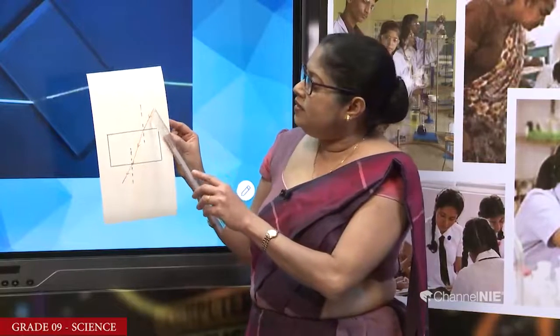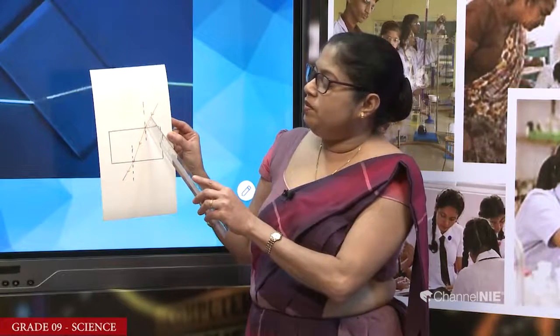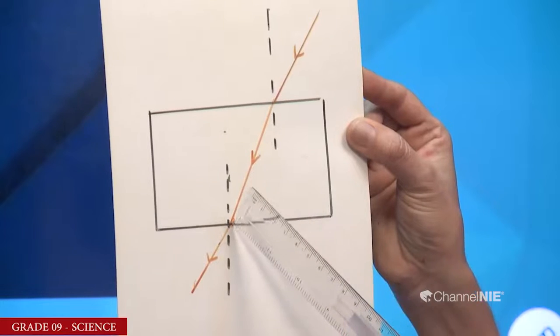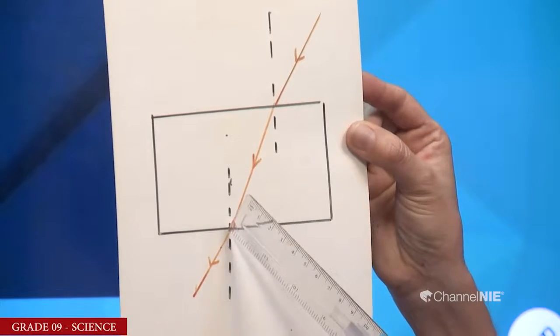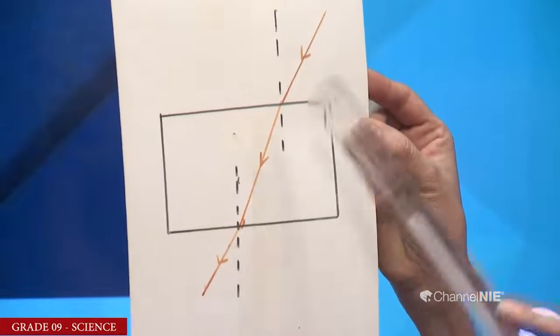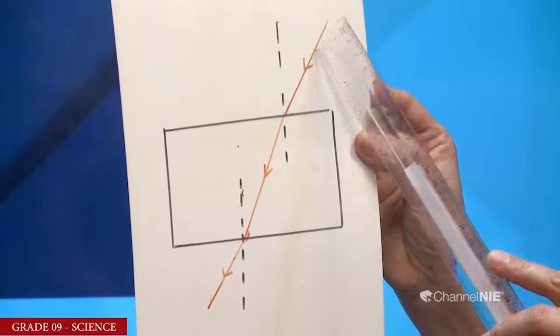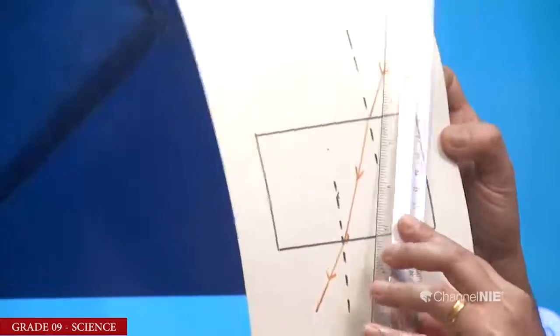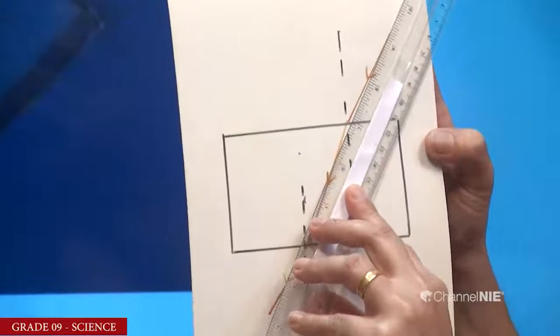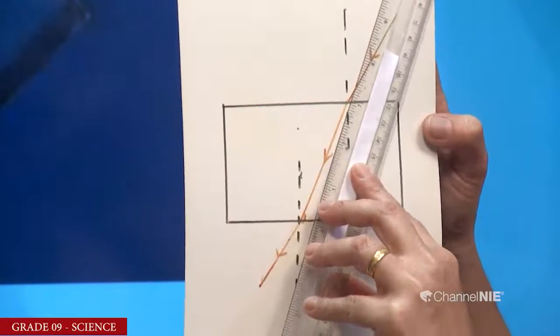This is the incident ray that is falling on the glass block, and this is the refracted ray that is transmitted through the glass block, and this is the emergent ray. You can see the direction of the incident ray has changed here. Here, if I keep the ruler like this, you can see it has changed.